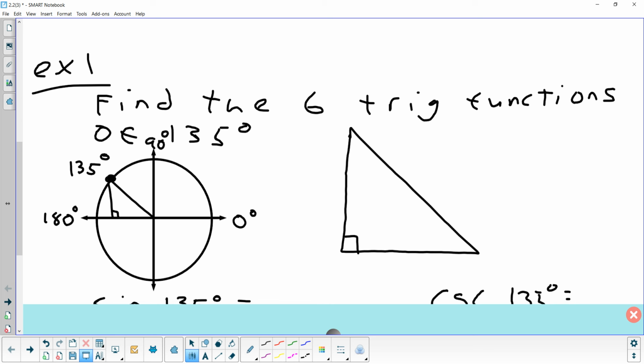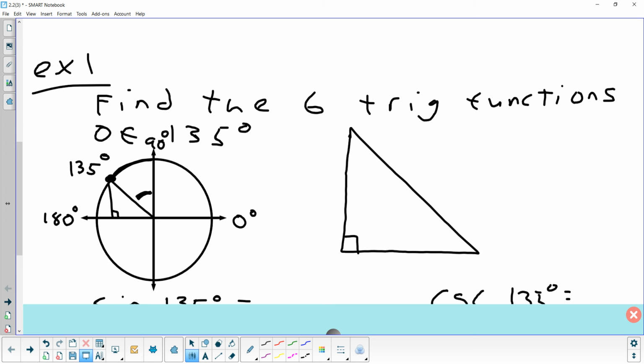We're not going to be using 30 and 60 degree angles in this one. Another way you can think about it is ask yourself, how far is it from 90 to 135? That tells you how big this angle is right here. How many degrees is it from 90 to 135? Yep, 45. Good.